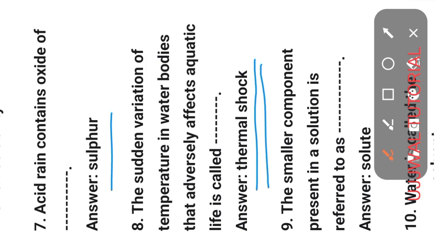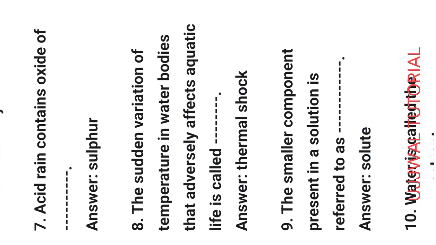Next question. The smaller component present in a solution is referred to as the solute. The smaller part is the solute, the larger part is the solvent. Clear? Solute plus solvent form a solution.